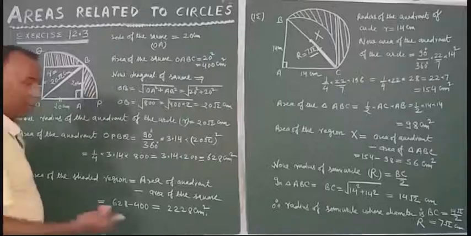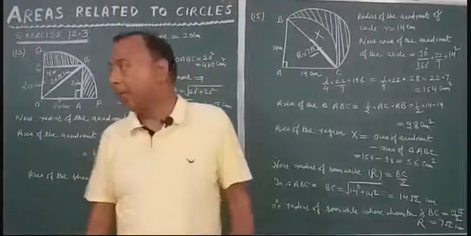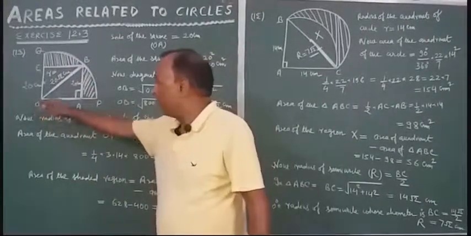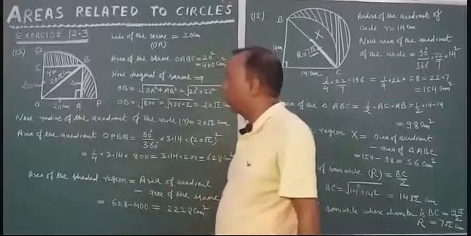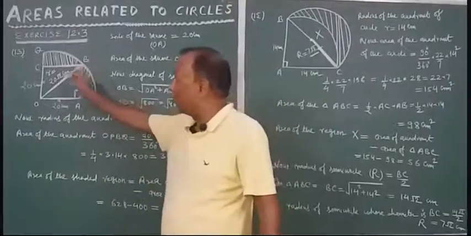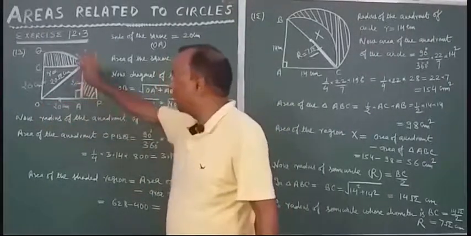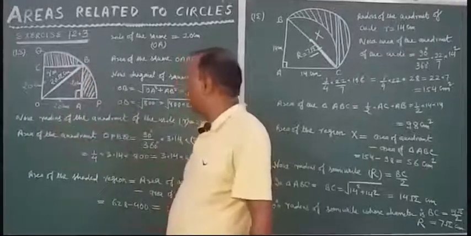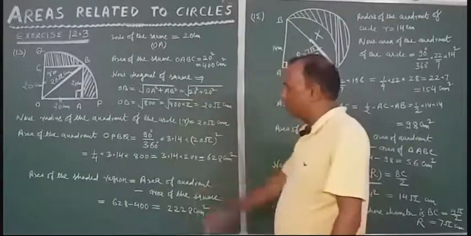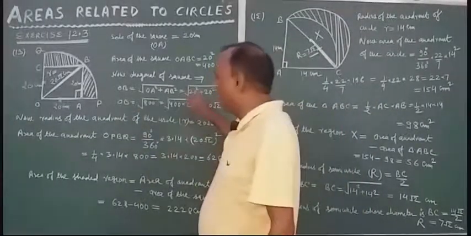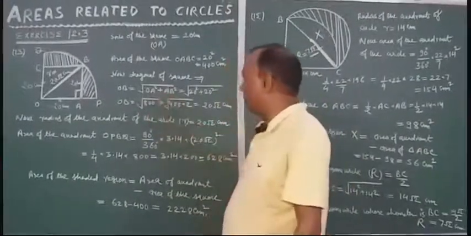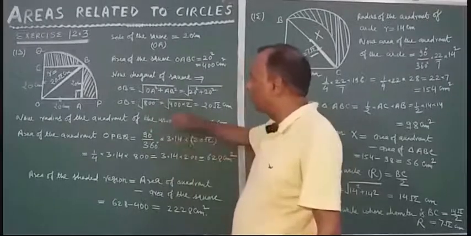Now for the calculation of the diagonal of the square, if I want to find its diagonal, for this I am using this triangle OAB. In triangle OAB, just look, OB is the hypotenuse. So for the hypotenuse, OB square will be equal to OA square plus AB square. Therefore OB will be under root OA square plus AB square. That is 20 square plus 20 square. 20 square is 400 plus 20 square is 400. 400 plus 400 is 800. This 800 can be broken as 400 into 2.